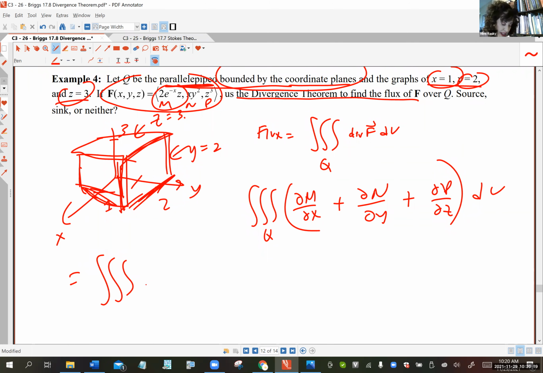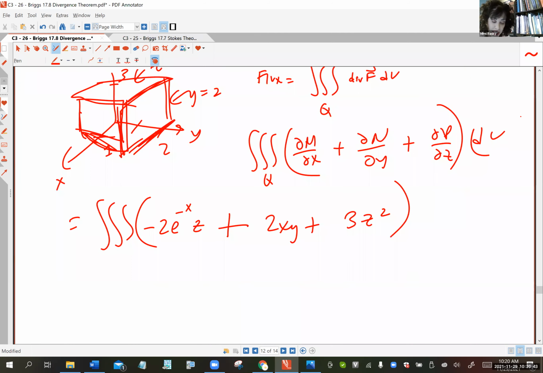So you're going to have a negative e to the negative xz, and I'll just put the negative out in front. So that partial will be negative 2e to the negative xz, plus dN/dy, the derivative of xy squared with respect to y, which is 2xy, plus the partial of z cubed with respect to z, 3z squared. Okay. And then the volume element is going to be my personal favorite order, dz dy dx, the rectangular coordinates volume element.